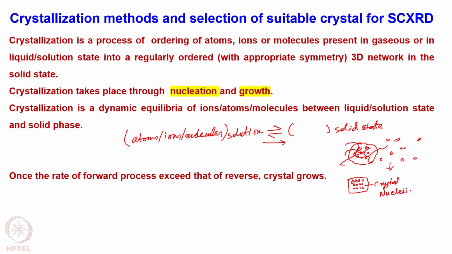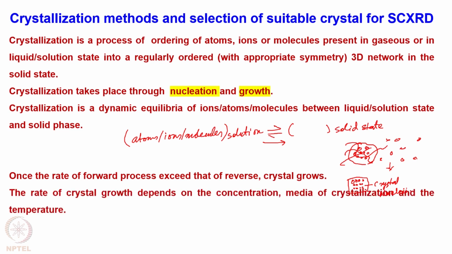And this crystal nuclei, when it reaches a critical size, it starts to grow, and then we end up getting significantly large crystals. When we are talking about large crystals, we are talking about crystals of size larger than 50 micron, and it can be anything larger than that.